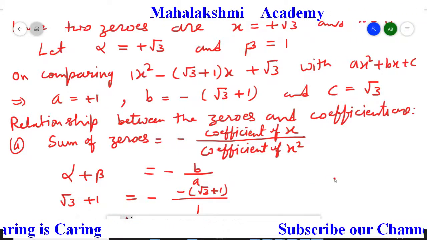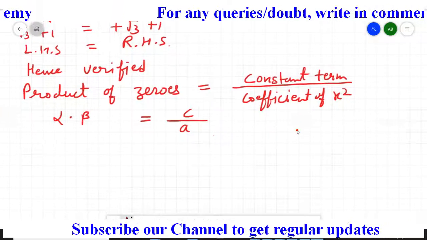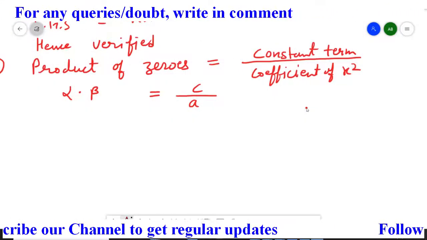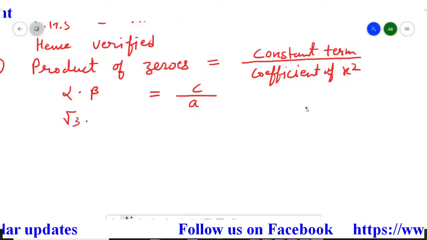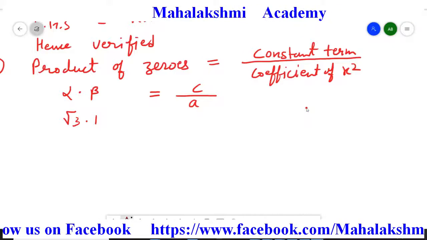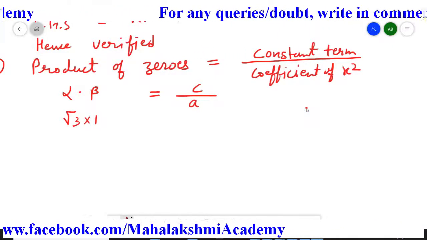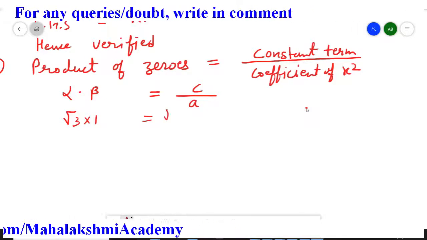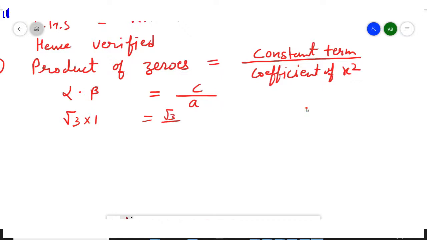So these values we are going to replace here. So alpha is root 3 and beta is 1, and here dot means multiplication. So if you are getting confused, you can change it by multiplication sign, and constant term as I showed you in the previous picture, that is root 3 and a is 1.